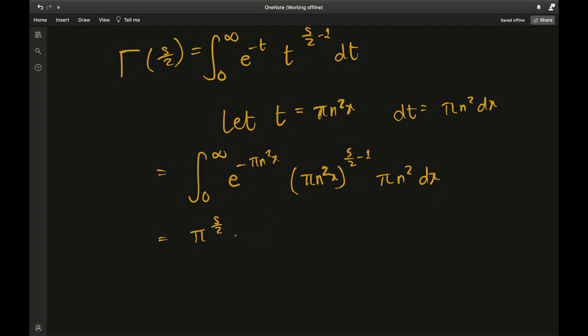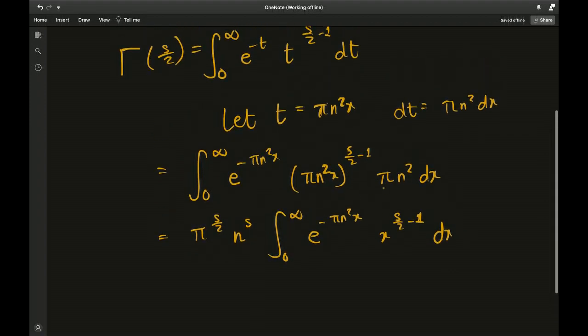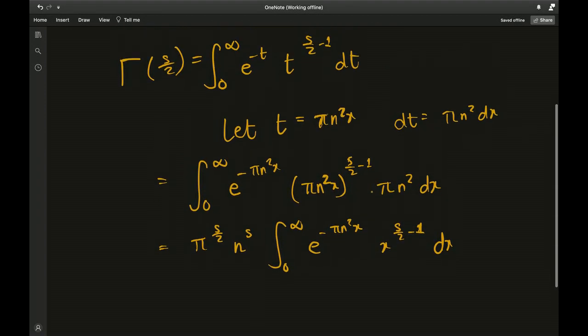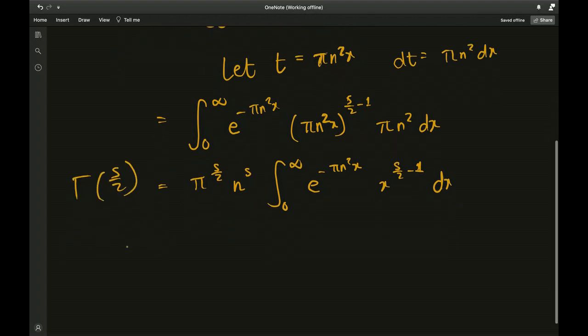So n squared to the s over 2 will just be n to the s, and we still have integral from 0 to infinity of e to the negative pi n squared x, x to the s over 2 minus 1 dx. All the other terms that did not have x, I have taken out successfully after applying the properties of exponents and stuff. This is still gamma of s over 2.